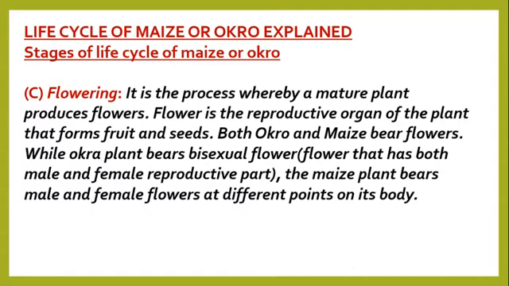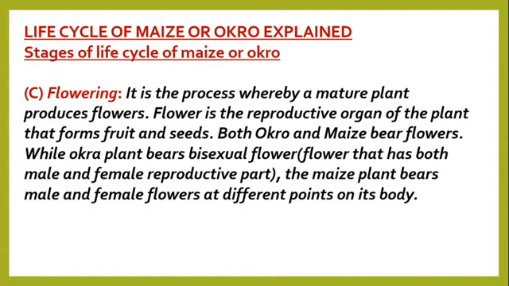Now, what is the meaning of flowering as the 3rd stage of the life cycle of plants? It is a process whereby a mature plant produces flowers. Flower is the reproductive organ of the plant that forms fruit and seeds. Remember that both okra and maize bear flowers.